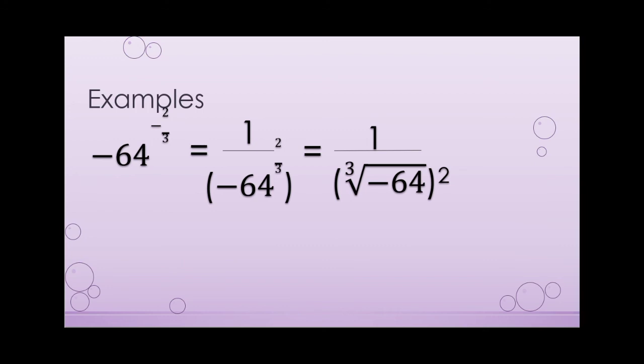Now, this is equal to 1 over the cube root of negative 64 is negative 4, then raise this to the second power. Now, what is the value of negative 4 that is raised to 2? We have 1 over 16.